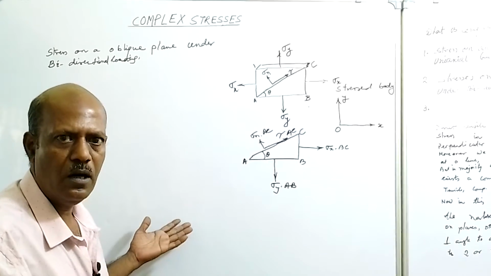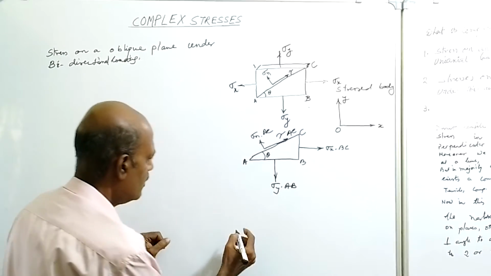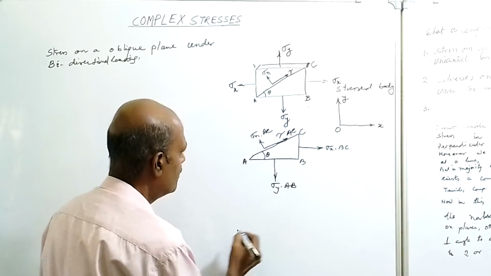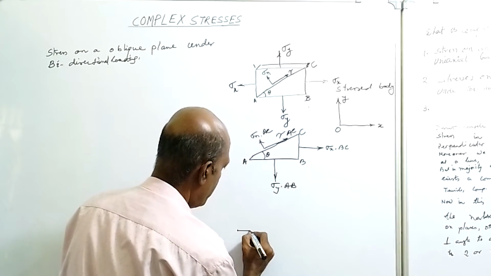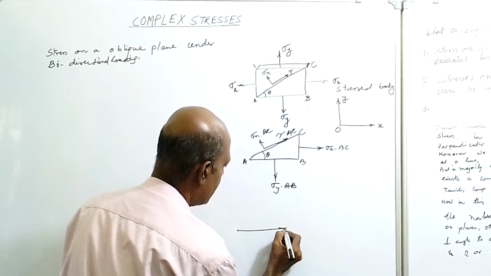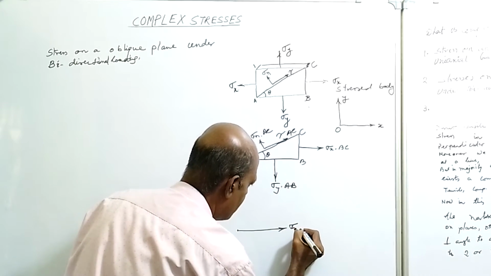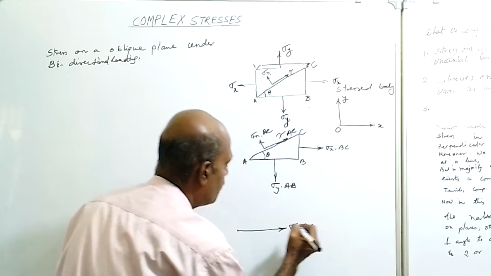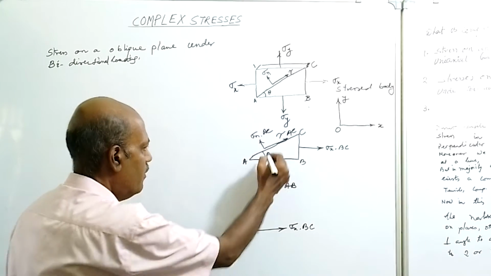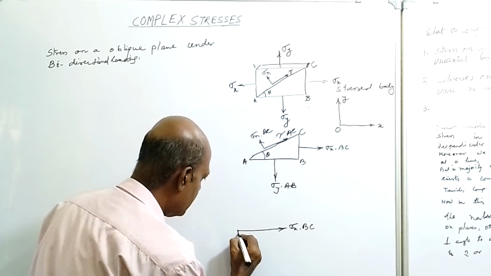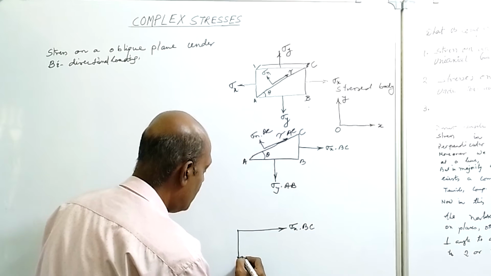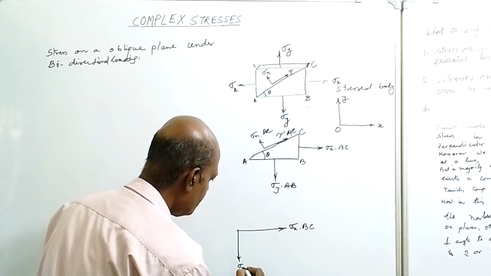Now we will go for the vector diagram. Consider an initial point. So in the x direction, what are the forces acting? That is sigma x into BC. So we are writing here sigma x into BC, the force is acting towards the right. And towards the downward direction, the force acting is sigma y into AB.